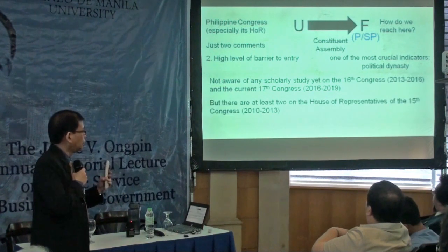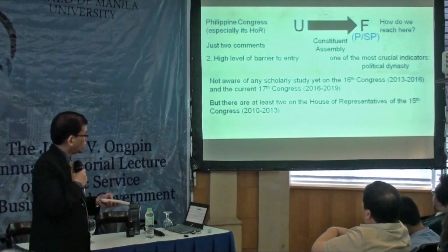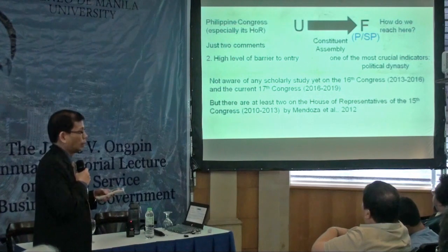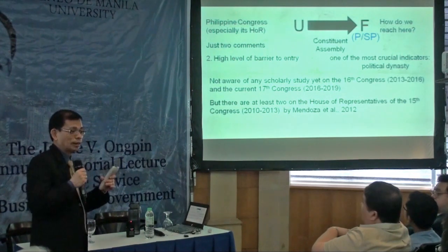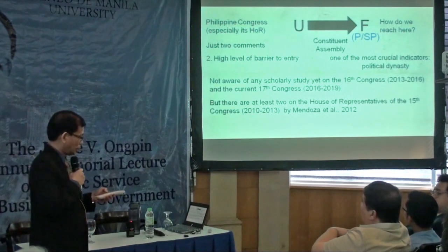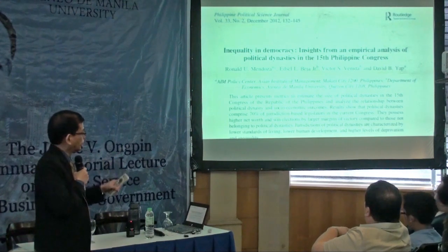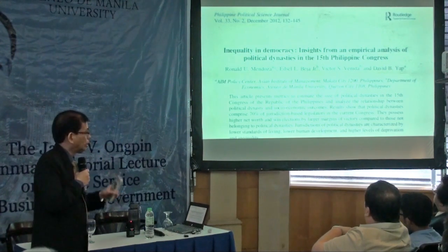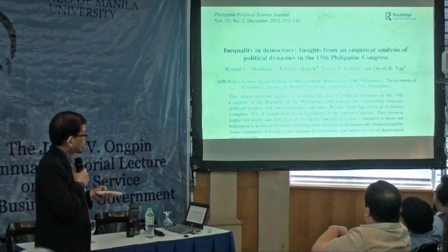But there are at least two on the House of Representatives of the 15th Congress, 2010-2013. Unfortunately, Dean Mendoza cannot join us, but it's this article that I will be discussing together with other Ateneo professors. This is his important work published in the Political Science Journal, Inequality and Democracy: Insights from an Empirical Analysis of Political Dynasties in the Philippines.